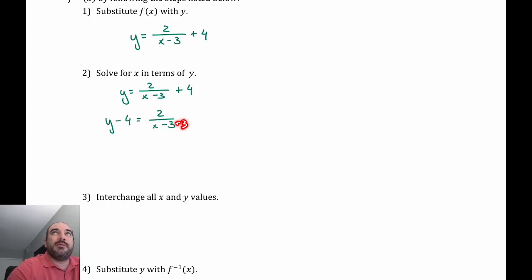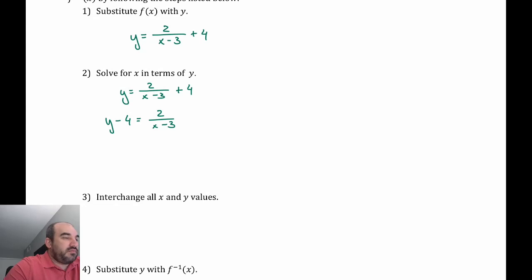Because that's not necessarily just adding 3 to that whole side. If I wanted to add 3 to the whole side, it would look something like this, right? We would add 3 to the whole fraction. Unless that's what you wanted to do, which doesn't really get rid of the minus 3. So how are we going to break that fraction apart, kind of?